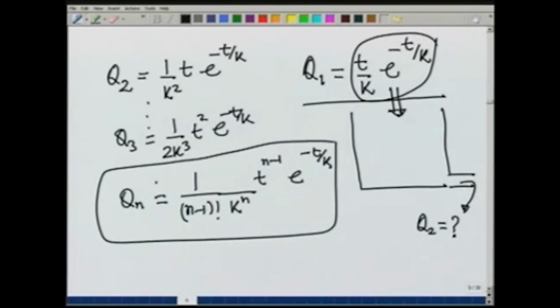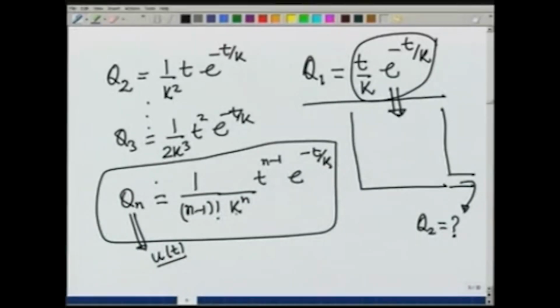So, the outflow from the nth reservoir is given by this equation q n, and since we say that this outflow is nothing but the IUH ordinate, we can write this as u t. So, the ordinate of IUH at any time t will be given by this, where k and n now are some property of the catchment.